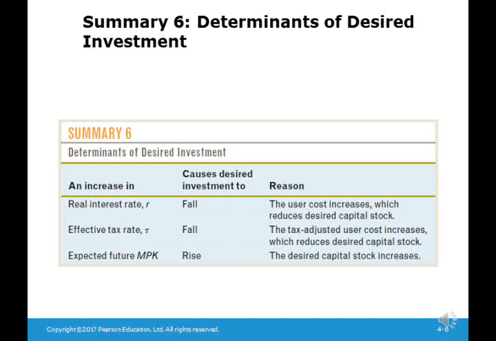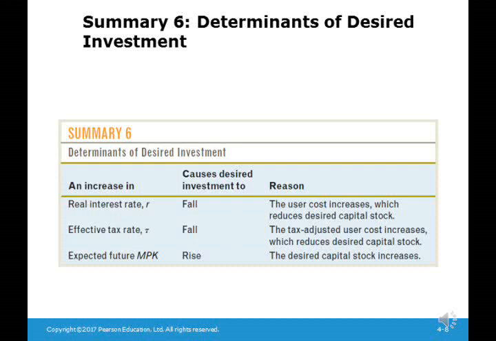Okay, this table summarizes the main factors affecting the desired capital stock that we discussed in the last set of slides, the first part of the chapter. On the benefit side, the expected future marginal product of capital is affected by productivity and technological changes, like new innovations regarding machines, new inventions and so on.